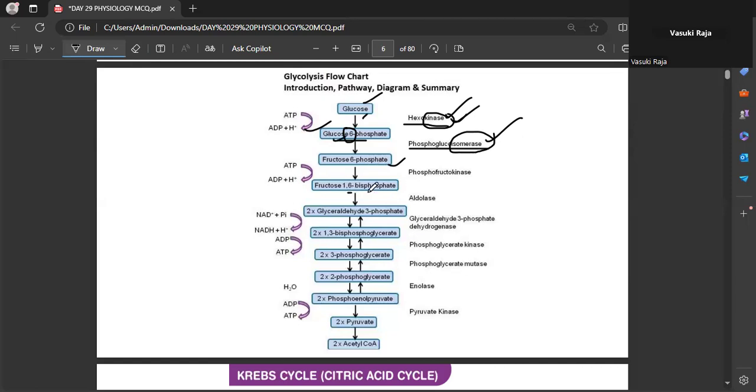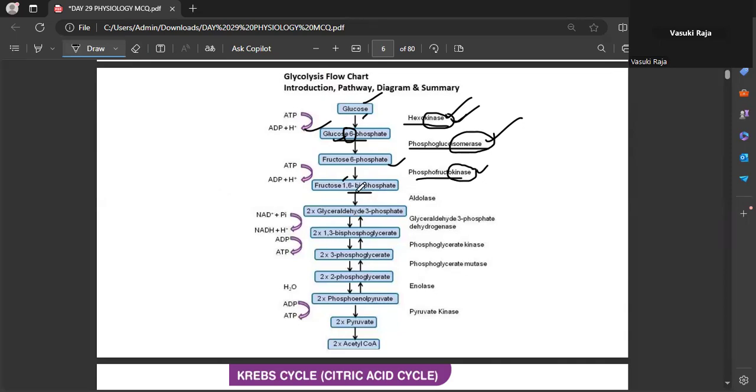Now, the fructose 6-phosphate is getting converted into fructose 1,6-bisphosphate. How is that possible? Again, the enzyme phosphofructokinase. Once again, if the enzyme is a kinase, definitely there will be the addition of a phosphate group. And where is the phosphate group getting added? In the first place of the fructose. That is why the name is fructose 1,6-bisphosphate.